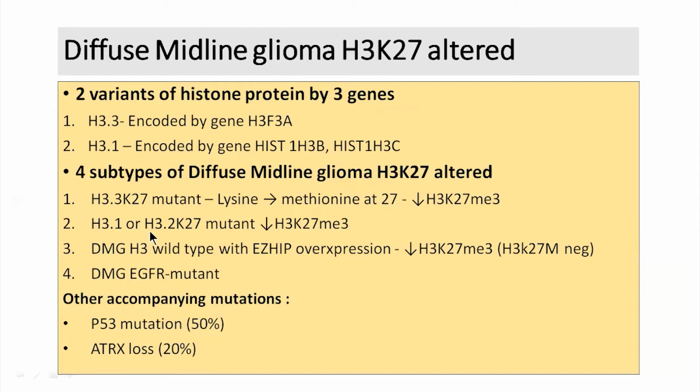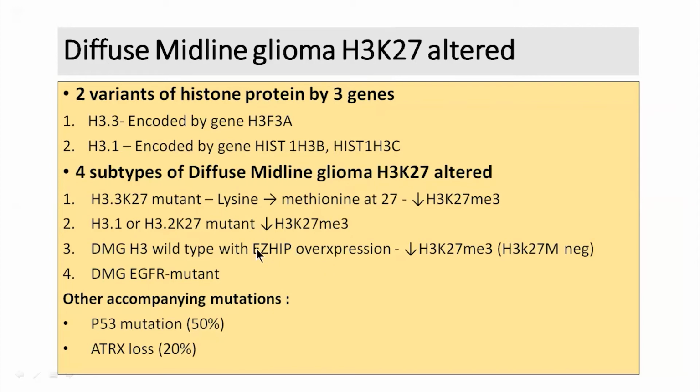Now, H3.1 or H3.2 K27 mutant again leads to decreased me3 expression. But here the K27M mutant IHC may not be helpful, but me3 expression will be consistently low. Then diffuse midline glioma H3 wild type with EZHIP overexpression.